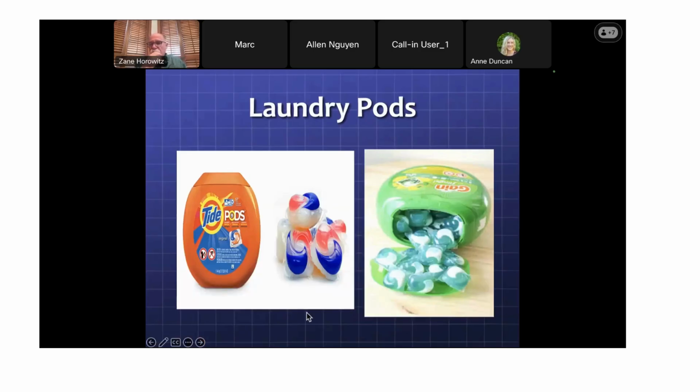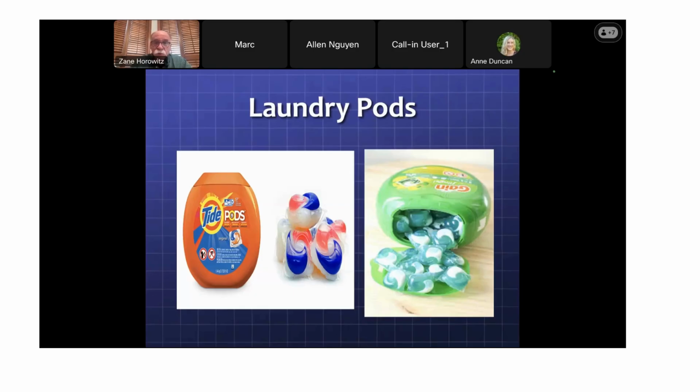Laundry pods, when they came on the market, were pretty notorious. We were sending them all in. I think a couple of things happened where we can maybe take a step back from that. First of all, there was greater recognition by the companies, poison centers, and the general public that these were a problem. So they had these more hard to open containers where you really needed big hands to open up that container.